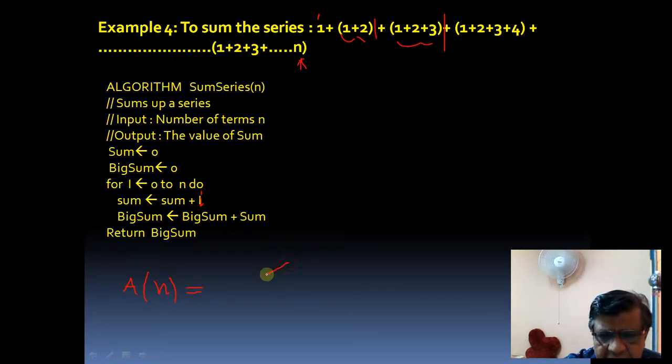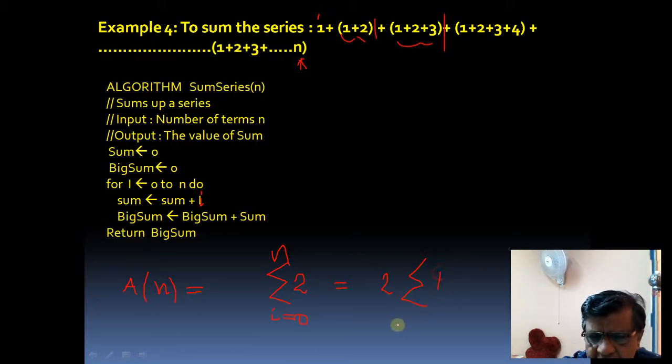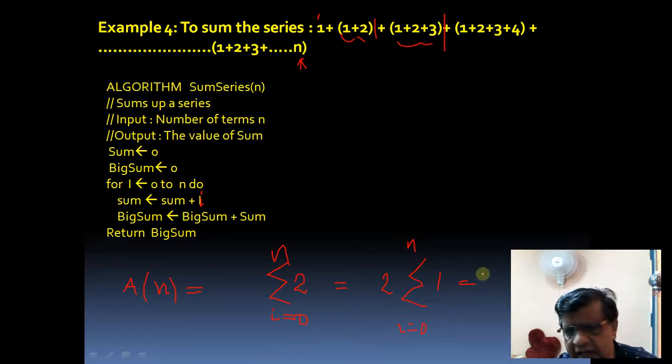Sigma, i equal to 0 to n. You take the common factor 2 out, and sigma of 1, i equal to 0 to n, will get you n minus 0 plus 1, n, so 2n.